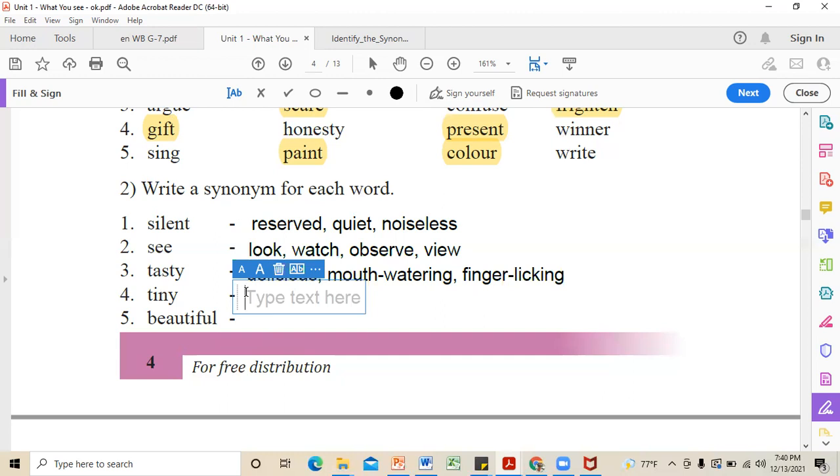Okay, so can someone tell me what are the different words which we can use in place of tiny? Small. Yes, small. Yes, so any other words, anything you think that we can use? Little. Little, yes, we can say little. Anything else?